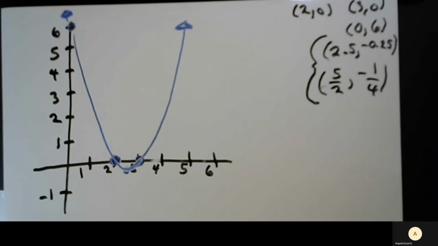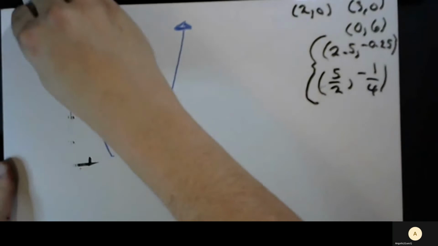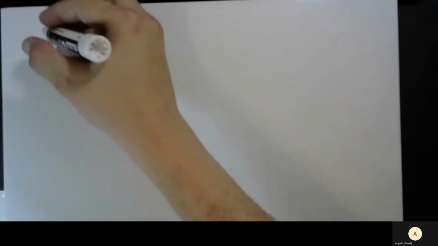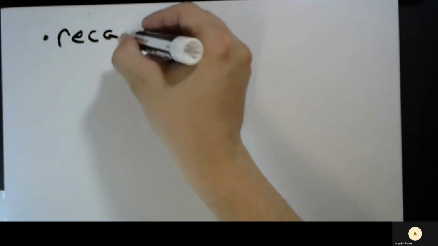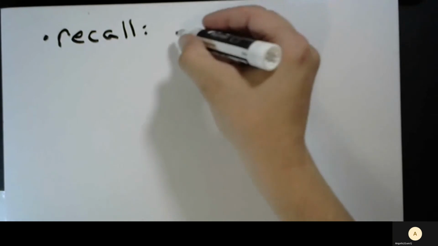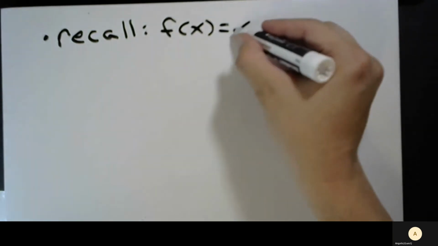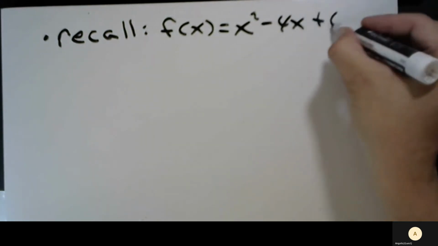Now, I mentioned a while ago, this is different from that one we were working with before. And I want to talk about the one we worked with before, because the graph for that one, if you recall, we had f of x was x squared minus 4x plus 6.